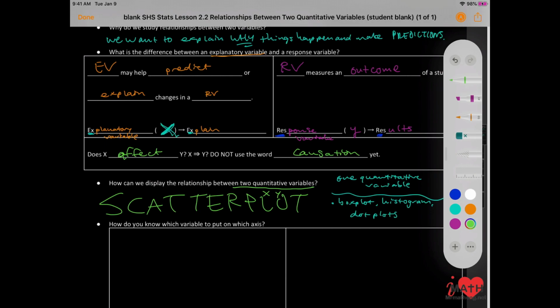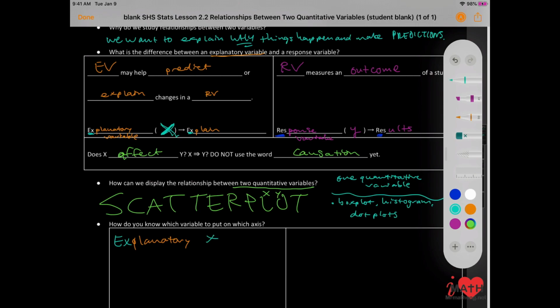All right, so how do we know which variable to put on which axis? Okay. Remember we talked about above the explanatory goes, where do you think?